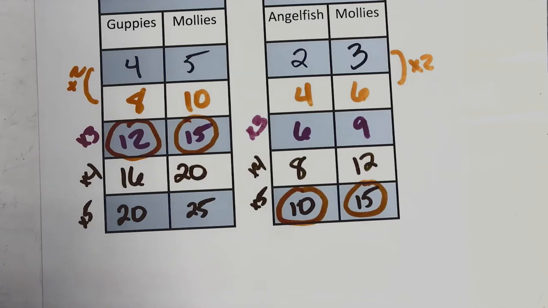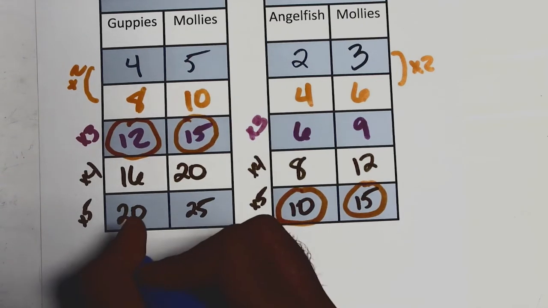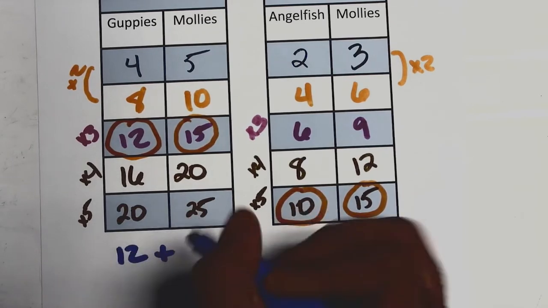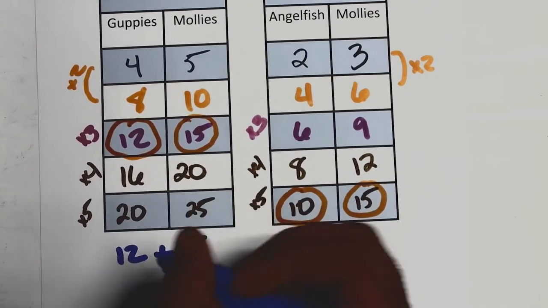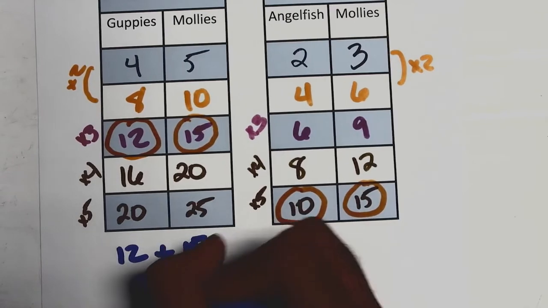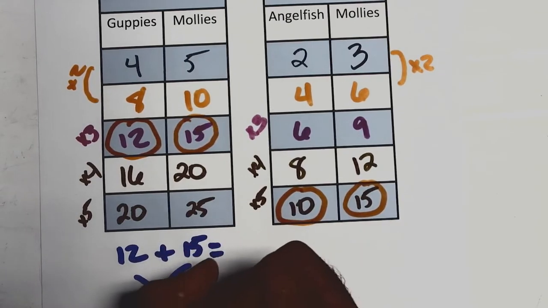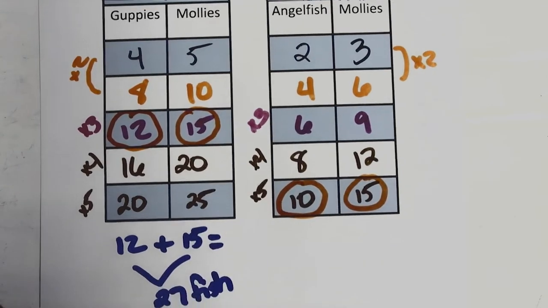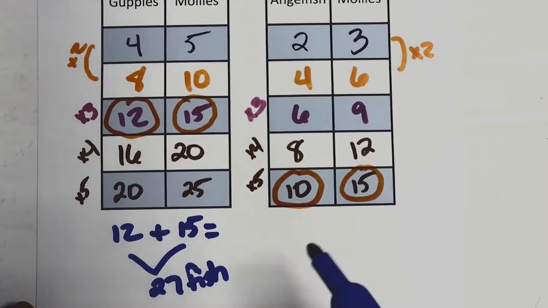Let's try. So I know tank 1 has 12 guppies and 15 mollies, which is going to give me a total of 27 fish in tank 1. Let's do the same thing with tank 2.